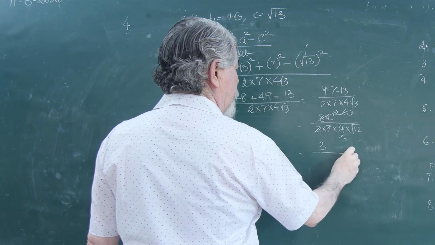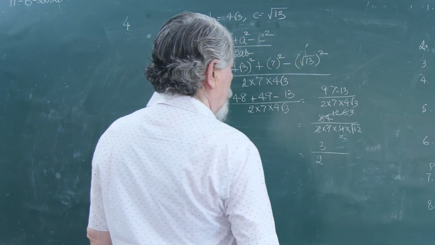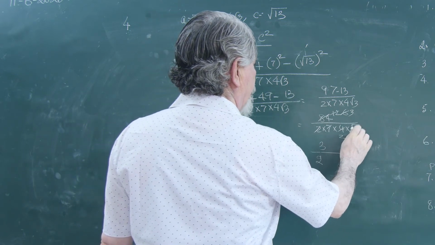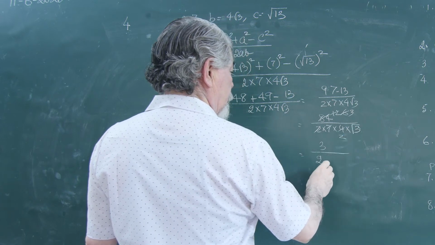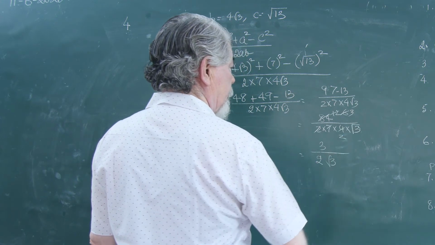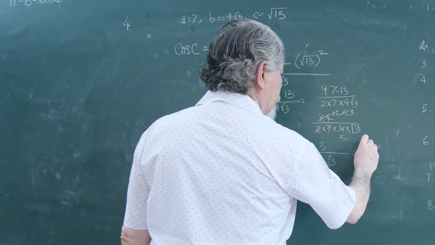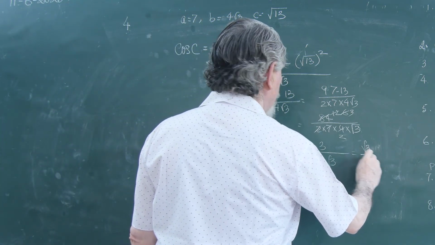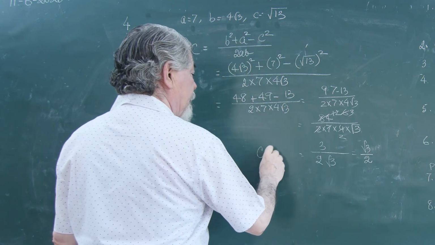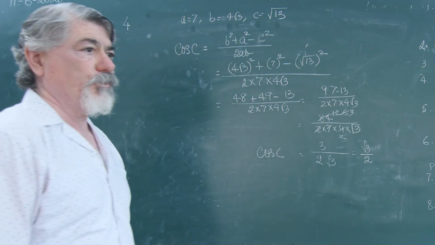So 3 upon 2, sorry, it is not 12, it is 3 root 3. So 2 root 3, it will become root 3 upon 2. Cos C is root 3 upon 2.